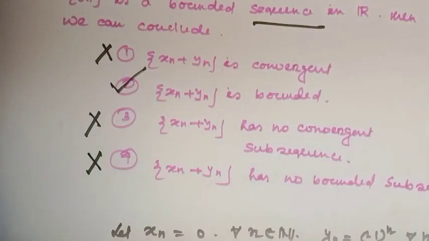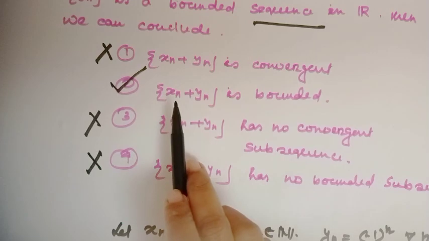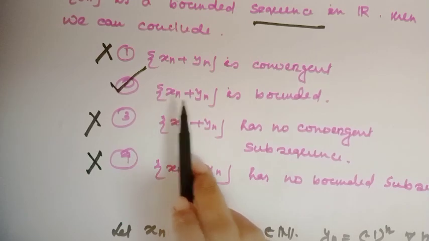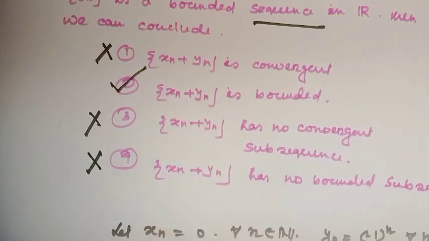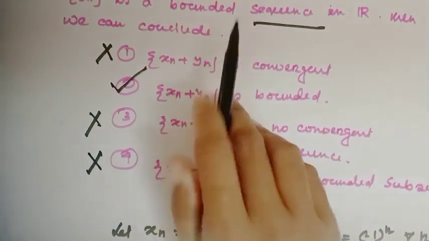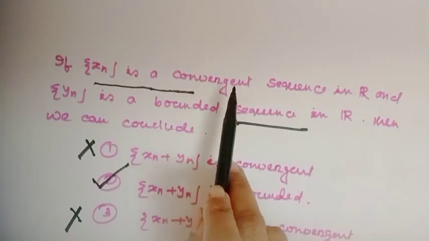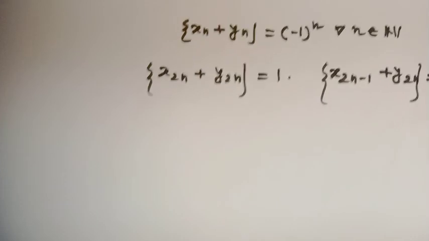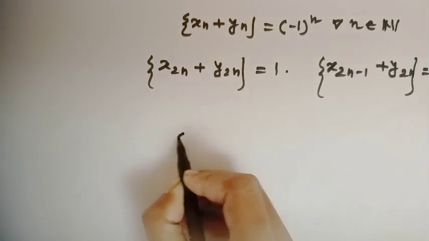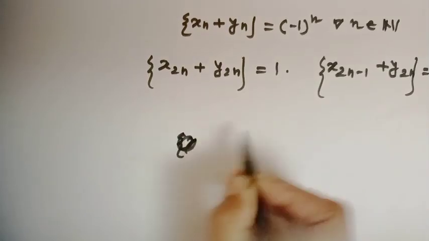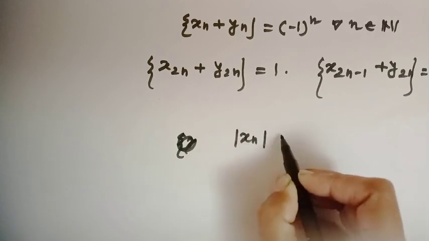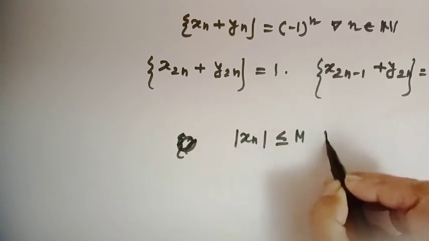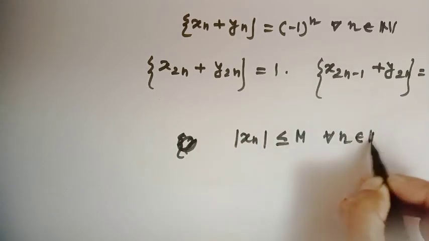Let's verify option 2. Here we are given xn plus yn is bounded. At first, since the sequence xn is convergent, that means it is also bounded. That means the absolute value of xn is less than or equal to M for all n belonging to the natural numbers.